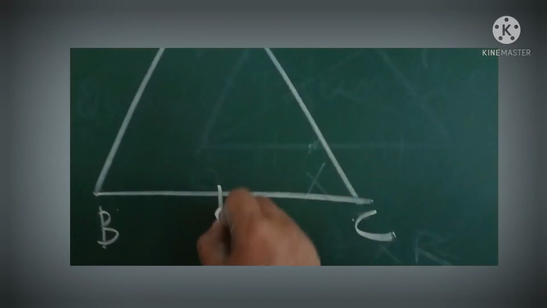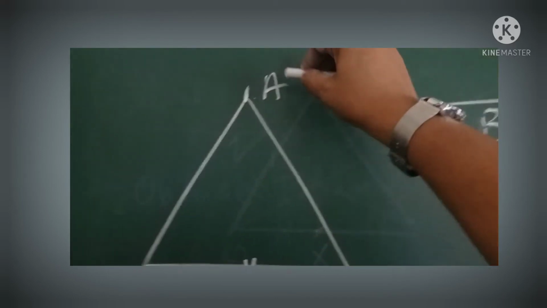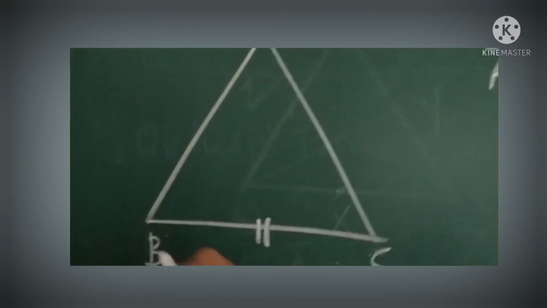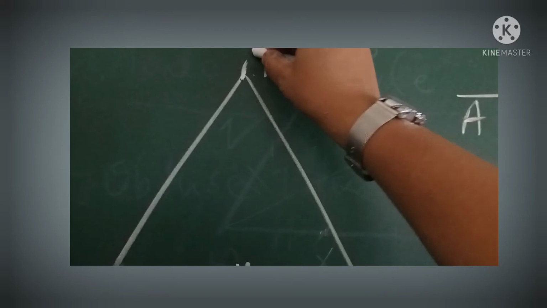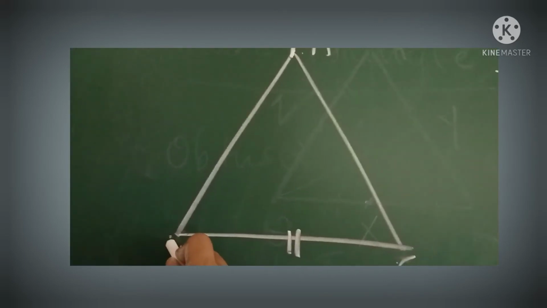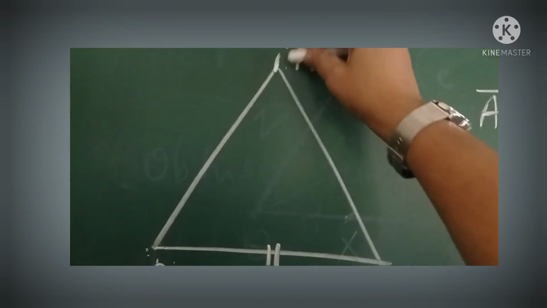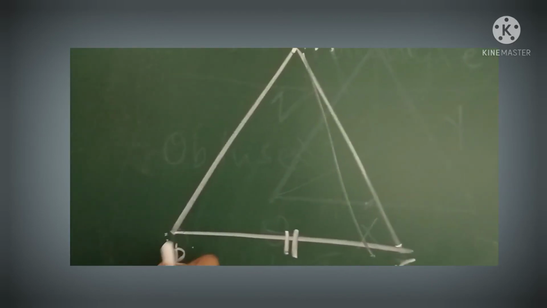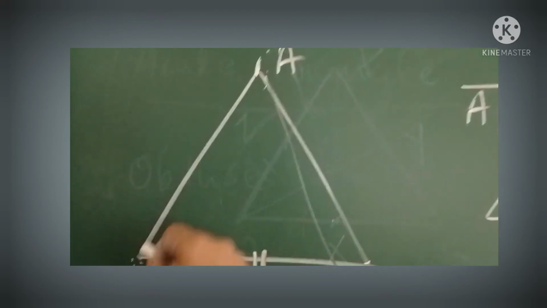Then here side BC is opposite to angle A. Side AC is opposite to angle B. Then side AB is opposite to angle C.